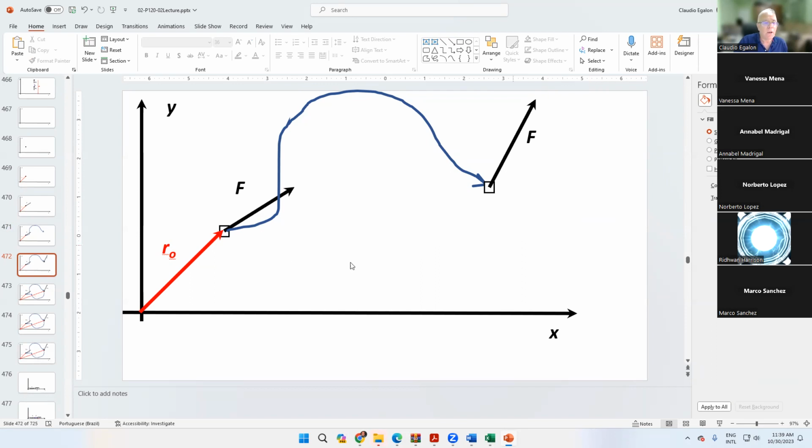Okay. So let's say, the work done by this force from this point, and by the way, we have to put one more thing here.